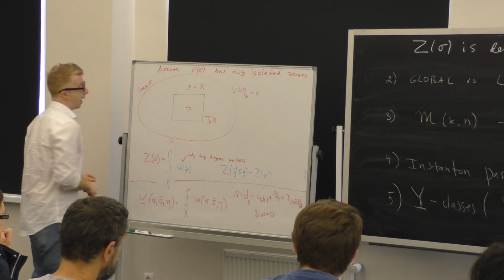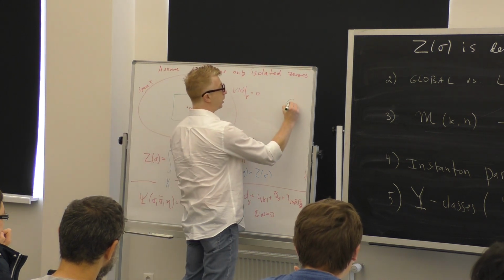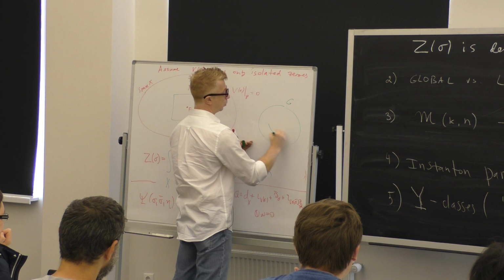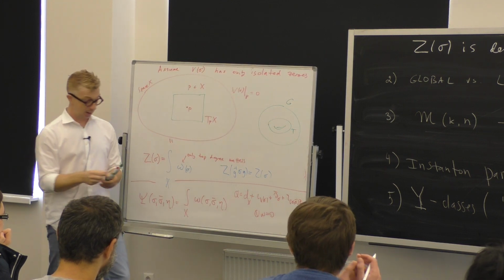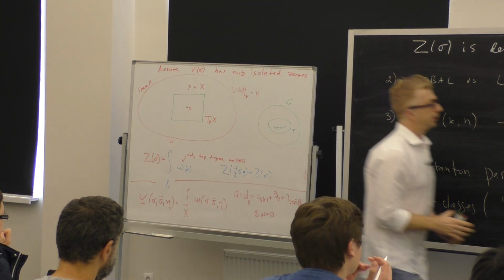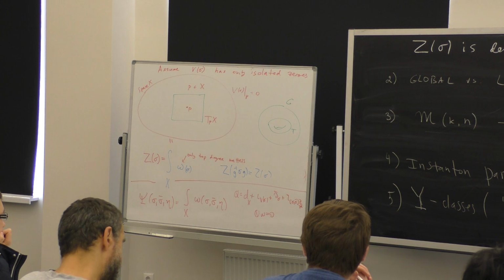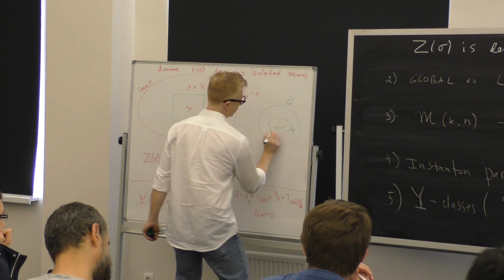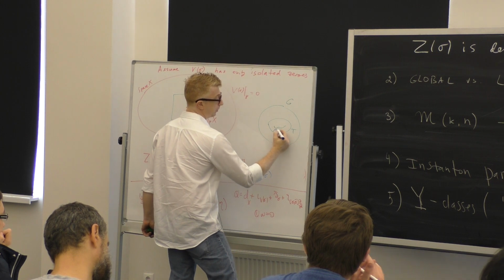So if this is my group G, then there is a torus inside this group, the maximal torus of the group. And sigma is some generic element of the Lie algebra. It generates some infinitesimal torus rotation.